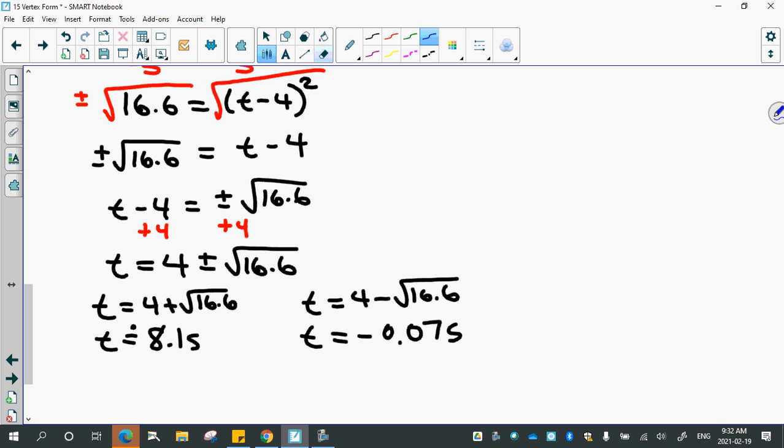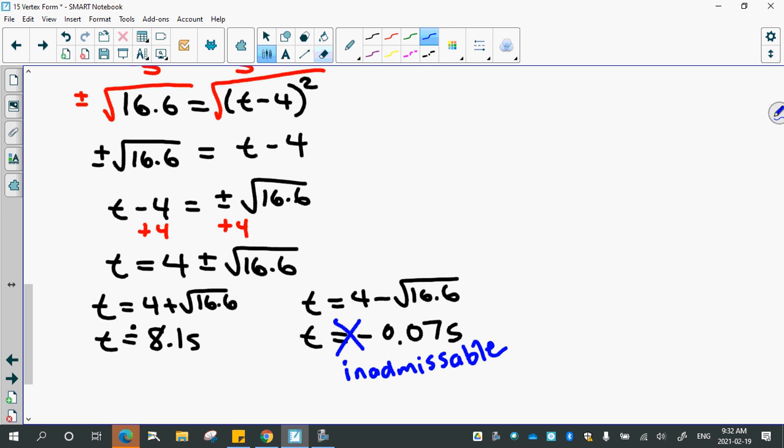And we consider this solution to be inadmissible because negative time doesn't make sense in this question. Okay? Having a negative time doesn't make sense in the question.